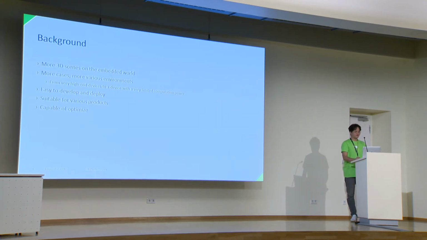Also, from a project-wide point of view, it should be suitable to apply to various targets. If you implement a single application, you want to deploy it from a high-end product to a lower-end product with very little optimization.